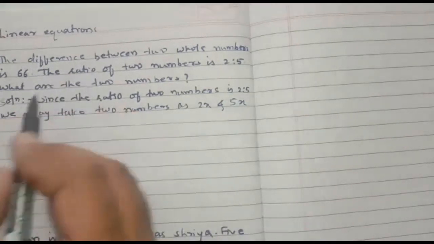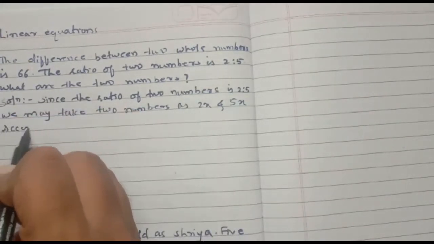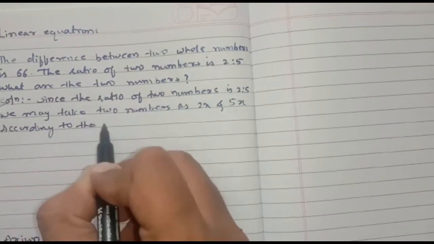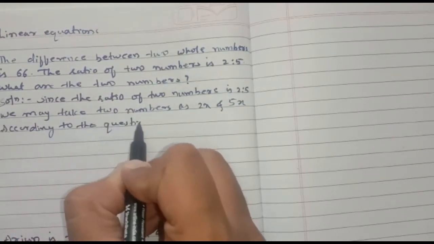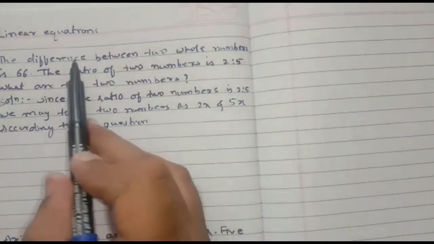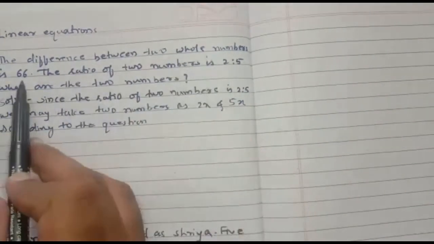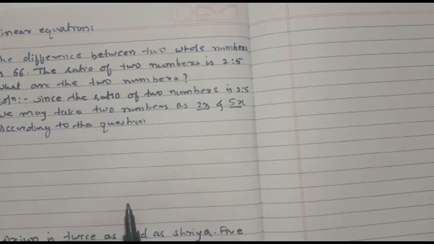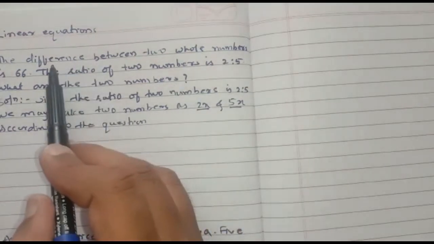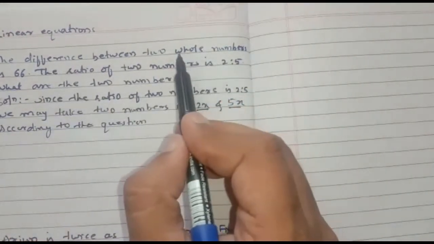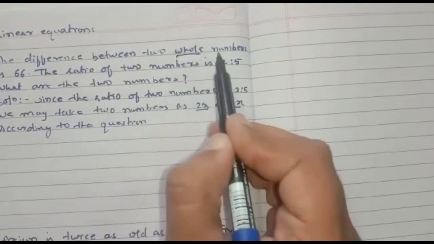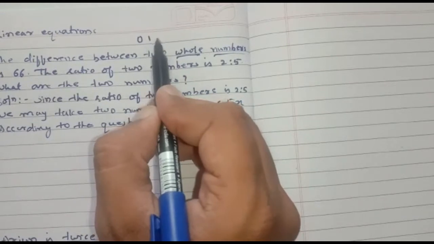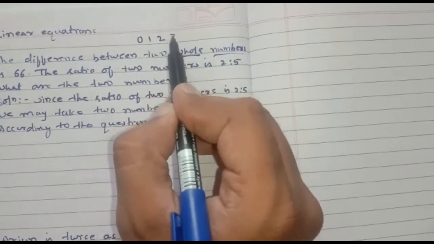Here, according to the question, the difference between two whole numbers is 66. The two whole numbers are now 2x and 5x. First I want to explain what whole numbers are. Keep in mind, 0 is a whole number, 1 is a whole number, 2 is a whole number, 3 is a whole number.